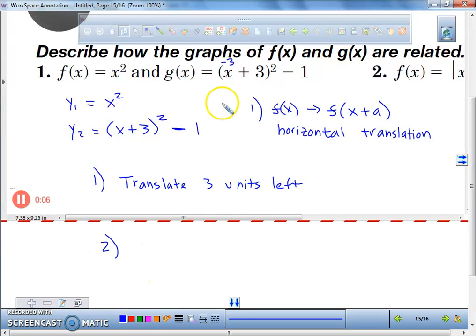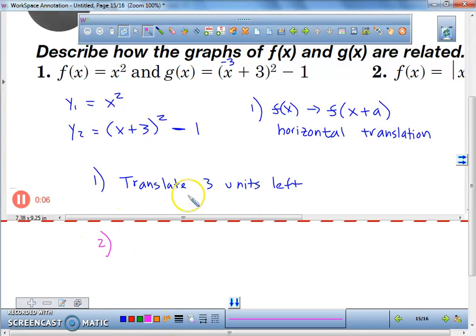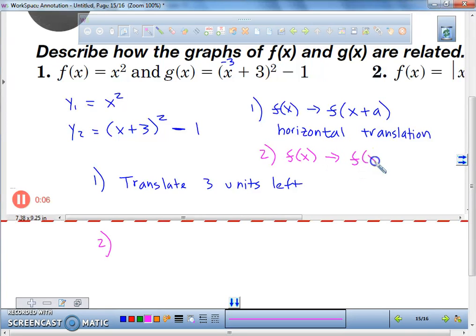Step 2. Is this the answer? That's the first verbal description. That's one of them. The second part: we went from f of x to f of x plus a. Now, in this particular case, we didn't go up, we went down.